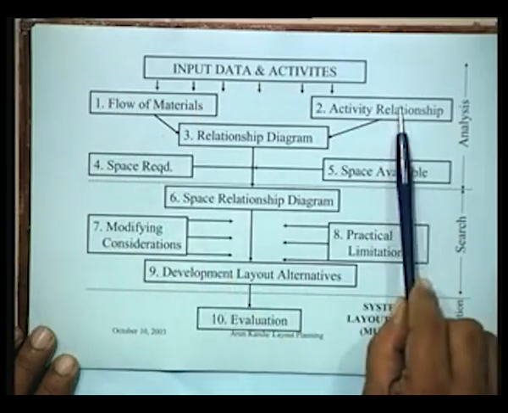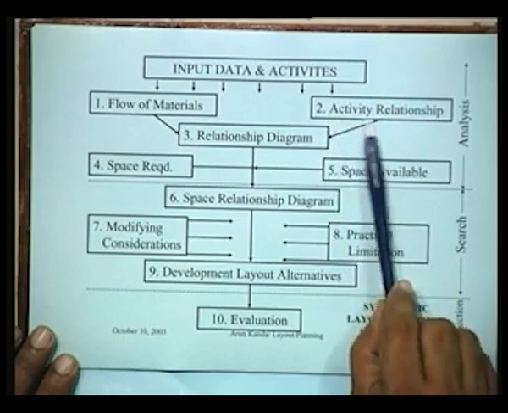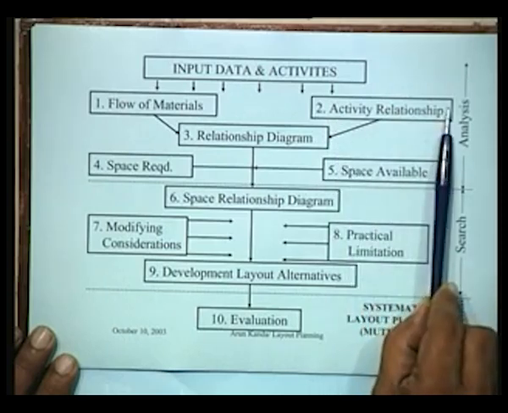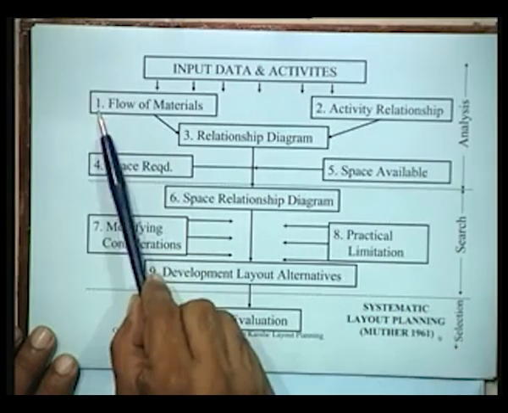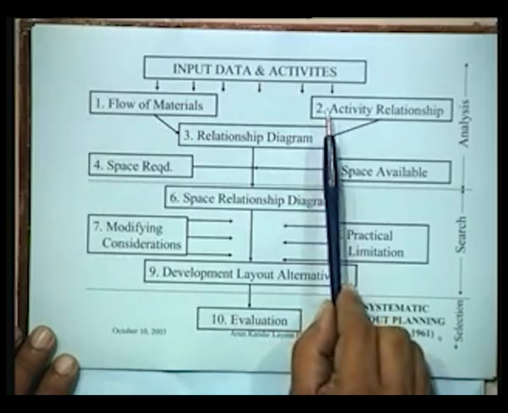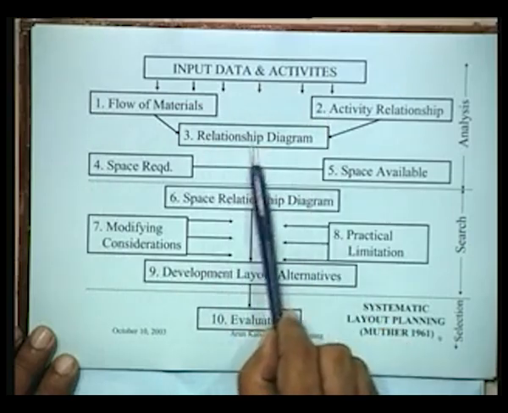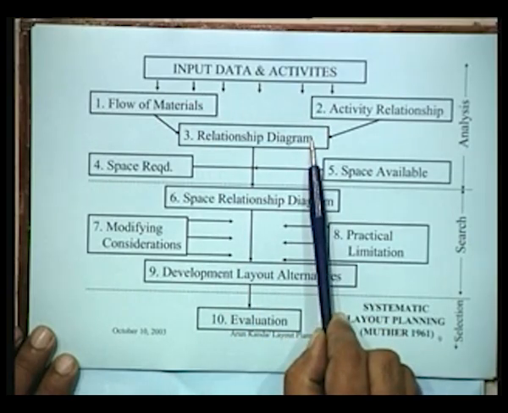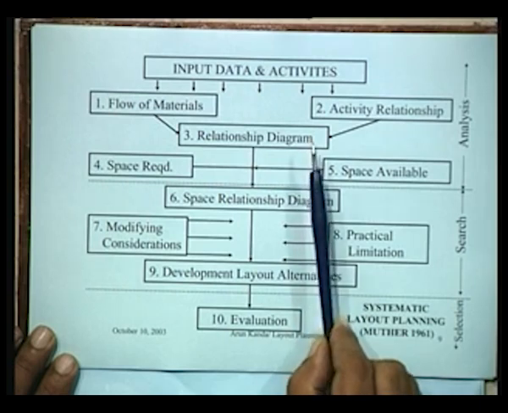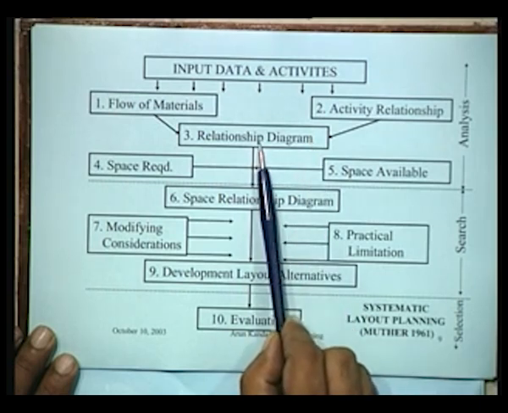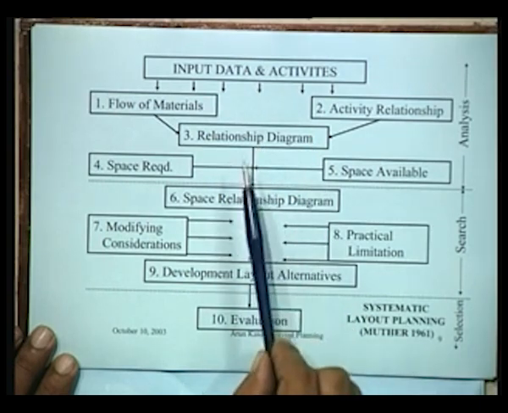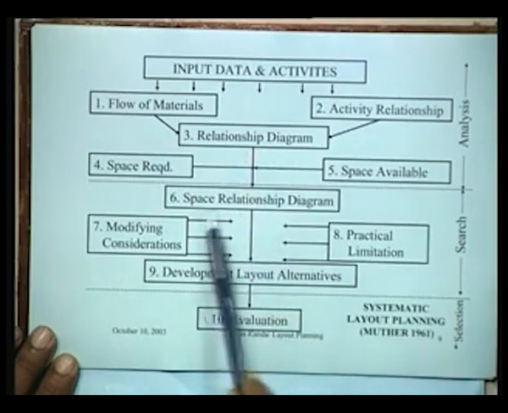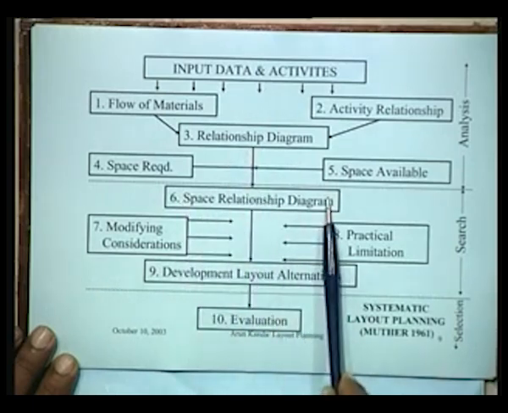The second step that is done is to identify the activity relationships. Based on step 1 and step 2, we develop what is called a relationship diagram, and then this relationship diagram is converted into what is called a space relationship diagram.